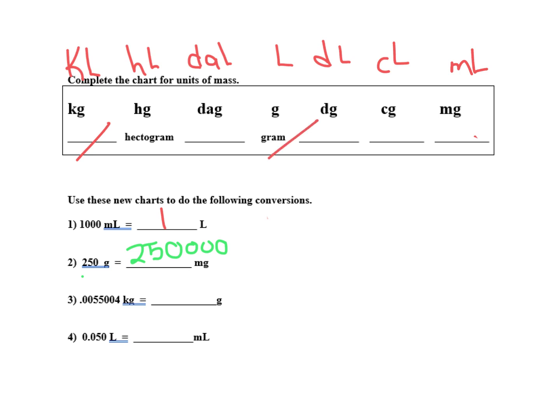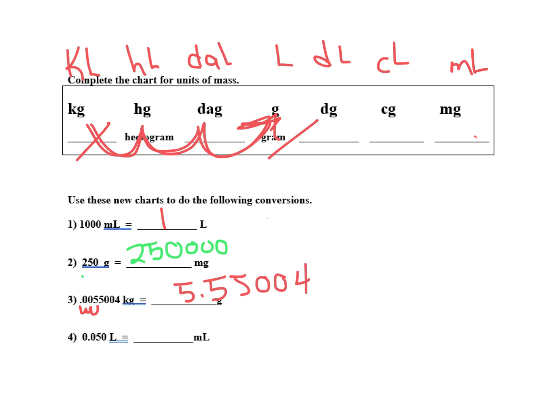So we're going to go to the left, 1, 2, 3 places on the chart, which means we're going to move our decimal 1, 2, 3 places to the right. If we're going to the right, 1, 2, 3, and we're going to go to the right in our work. And we're going to end up with 5.55004.